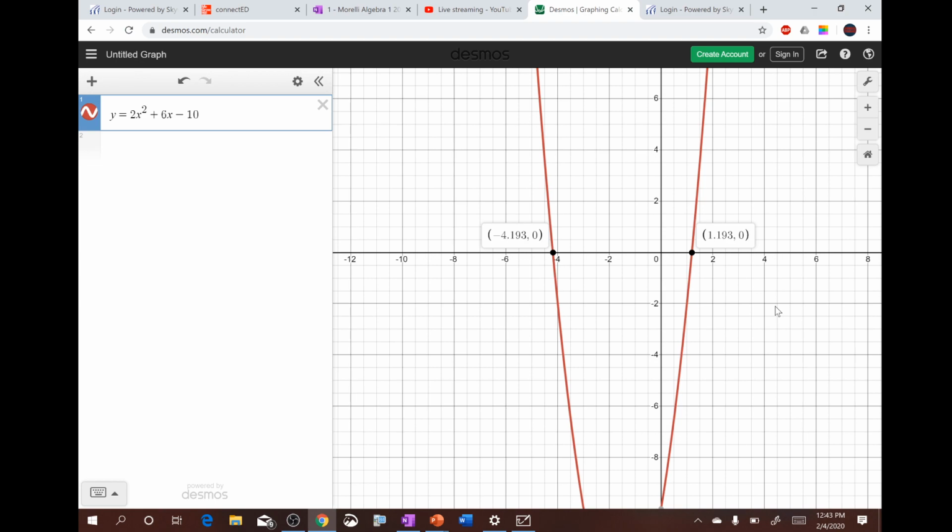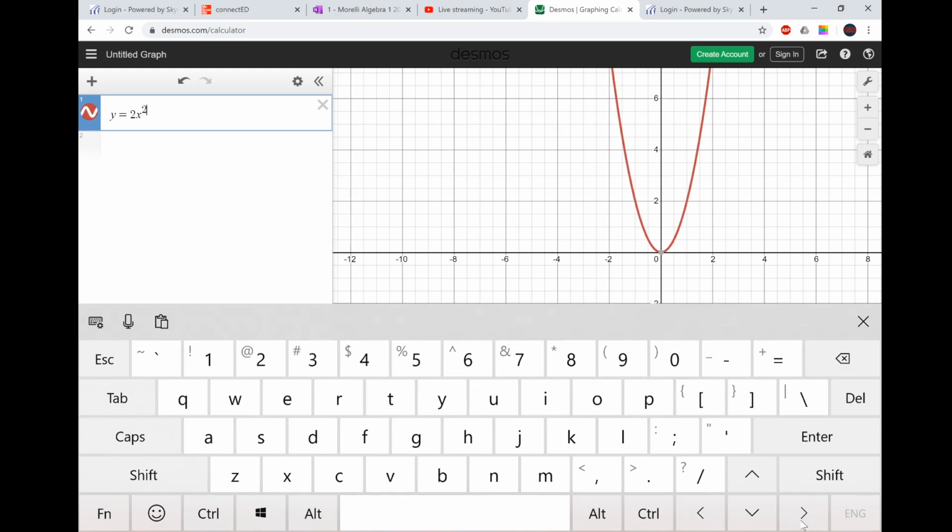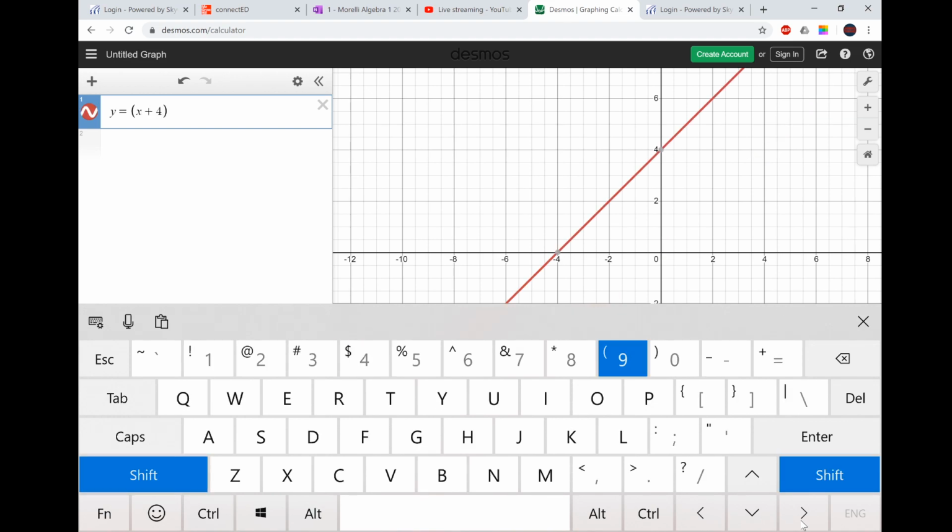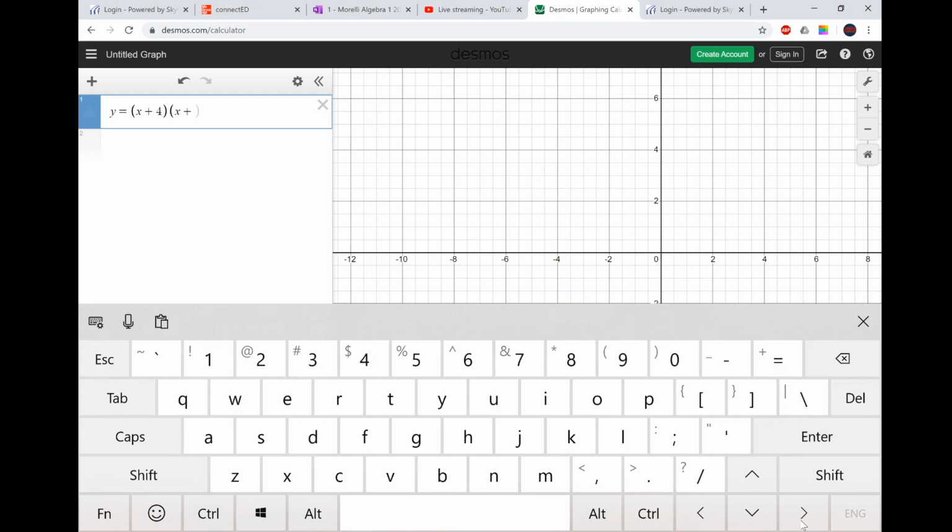Now, check this out. Can you please read me the factors of that quadratic that we did? When you factored it into two binomials, it was open parentheses x plus 4. Check this out, guys. Do you understand?